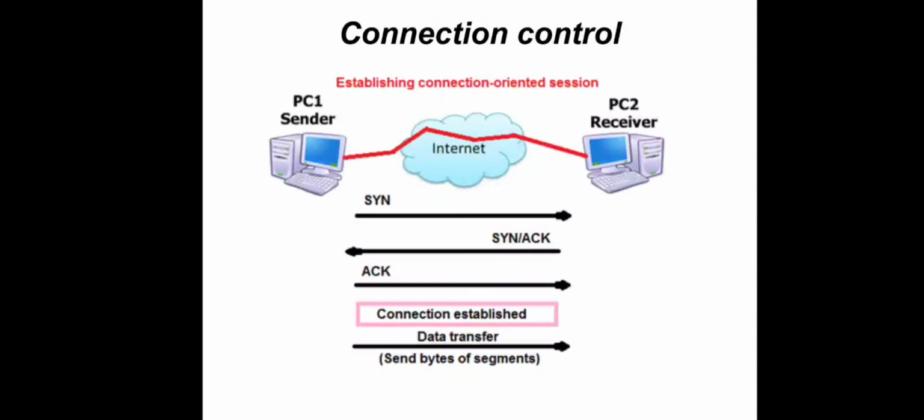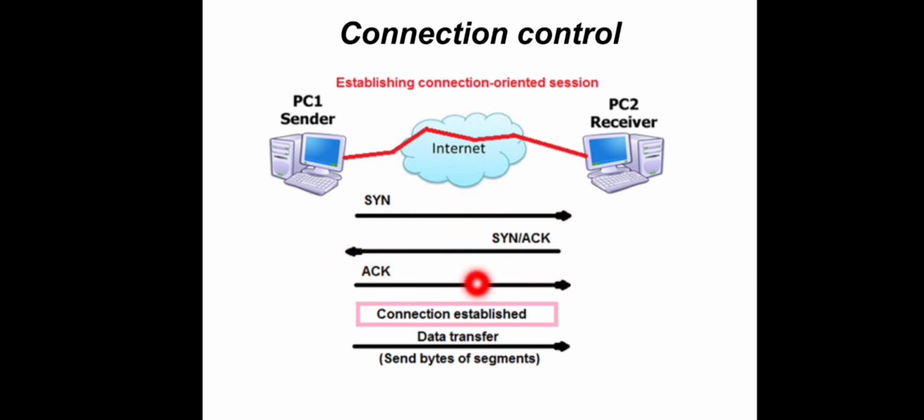Like this, in a computer network also, if you want to do connection oriented communication, first a connection should be established between the sender and receiver using some steps. Some handshaking steps are there, we will see later. A synchronization message will be sent from the sender to receiver, then an acknowledgement and synchronization back from receiver to sender, and again an acknowledgement from the sender to receiver.